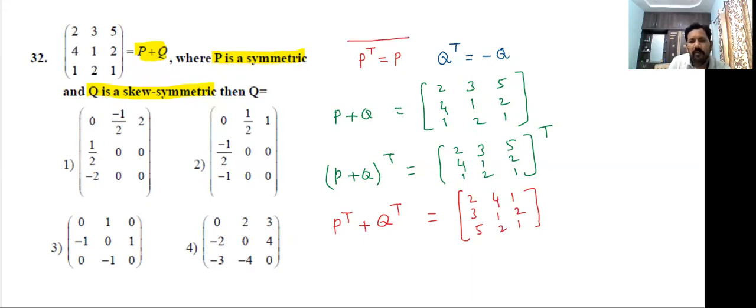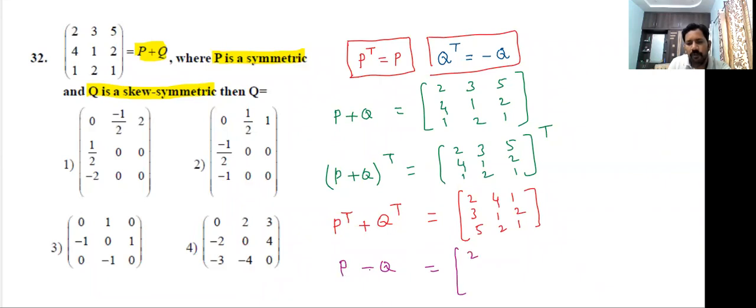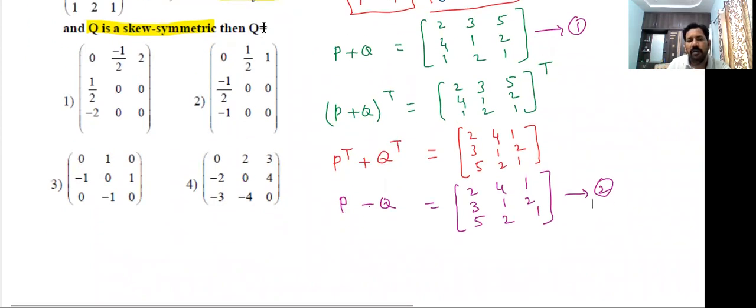Students, observe here, what is P transpose? P. Q transpose is minus Q. Substitute here: P minus Q is equal to 2, 4, 1, 3, 1, 2, 5, 2, 1. This is the first equation, this is the second equation. Solve 1 and 2.